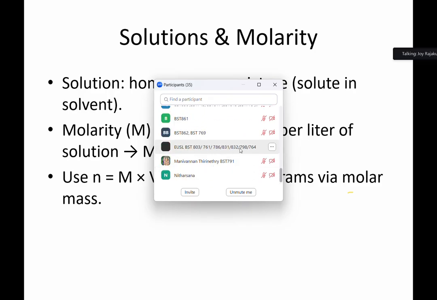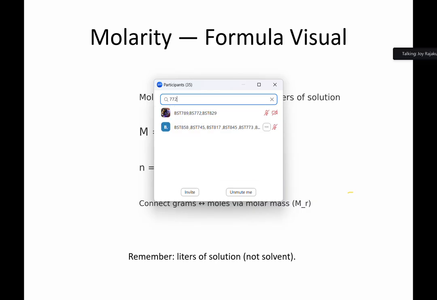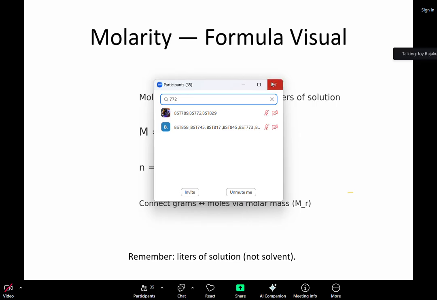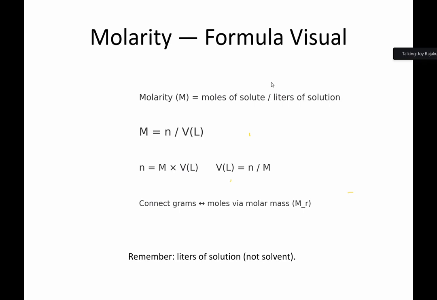In this 1 liter, how many moles of solute are there? That is the molarity. So molarity as an equation is the number of moles per liter.